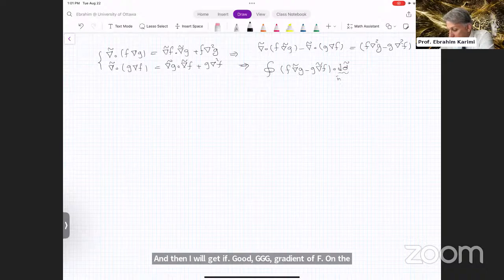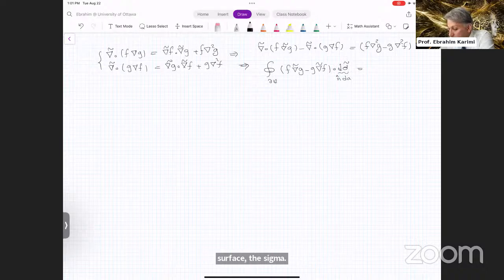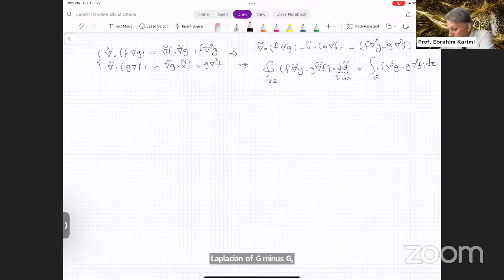Remember, d sigma is n dA on the surface, and that is equal to the integral of F Laplacian of G minus G Laplacian of F over the volume, d tau, on the volume of V.